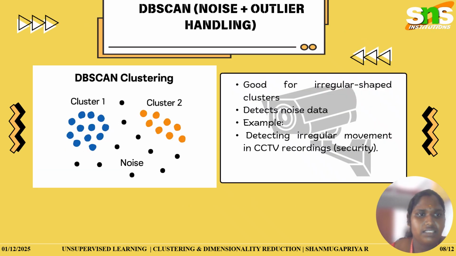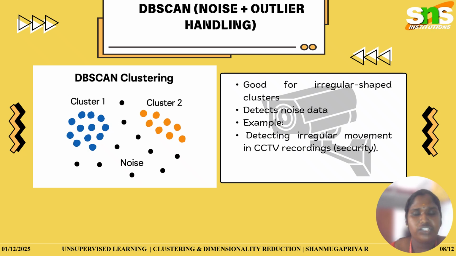Next is DBSCAN. This type of clustering handles and removes the noise and outliers of the given data. For example, if I have a group of data, it will remove the black noise and separate cluster one in blue and cluster two in orange. That's an example of DBSCAN.